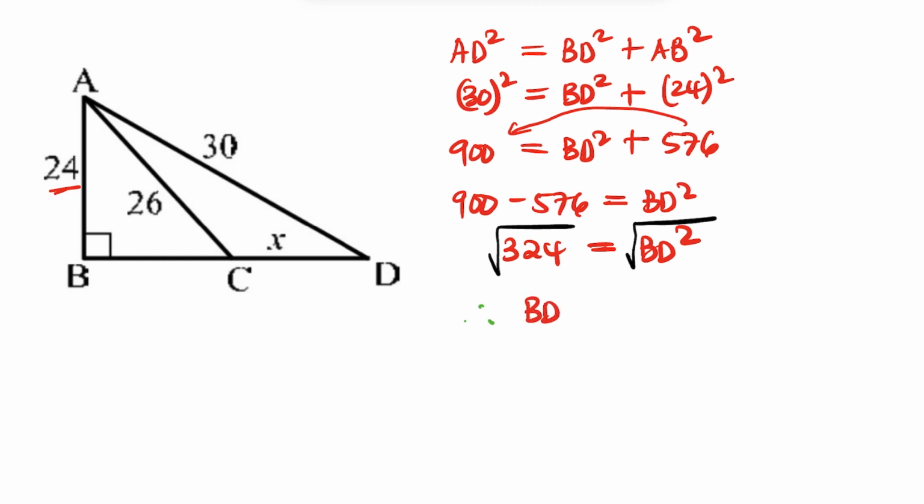Your BD is equal to 18 what? 18 units. When you are not given units there, your answer will be units. So with the side that we have now, we have this side. This side is what? It's 18 units.